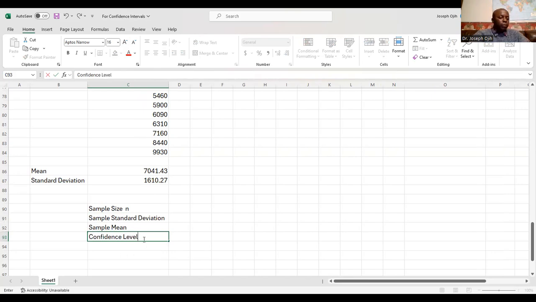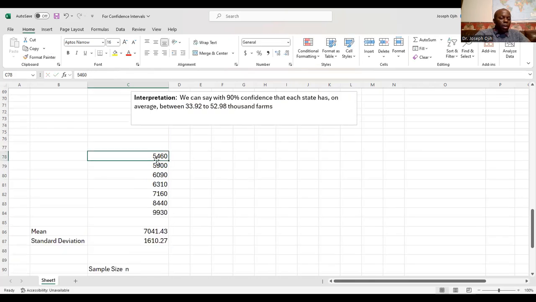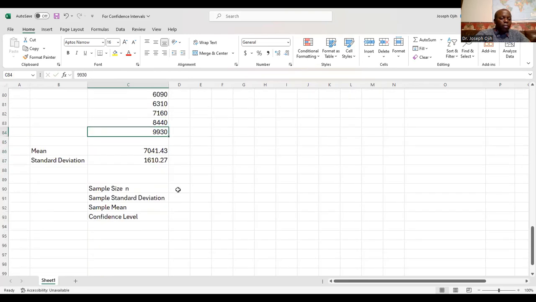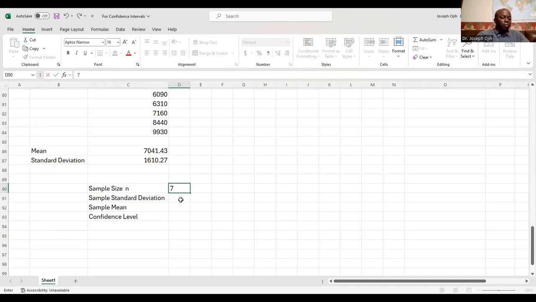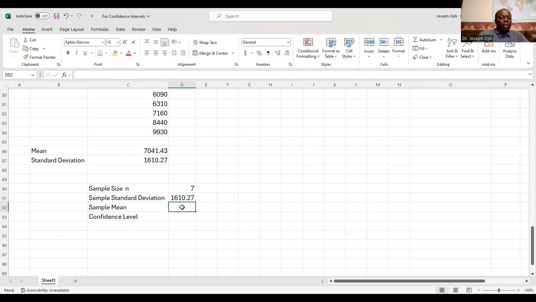Sample size, we have how many? 1, 2, 3, 4, 5, 6, 7 years. Then we have the sample standard deviation right here, and the sample mean here.